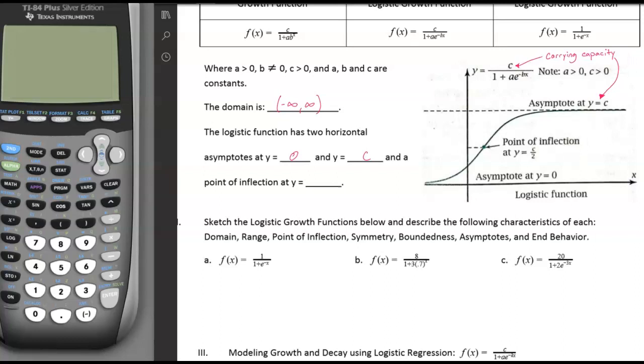And if we know what our c is, we can find the y value of our point of inflection. What do we do to find the y value of our point of inflection? What does it say? Yeah, you take your carrying capacity and you divide it by 2. This will give you the y value of the inflection point.